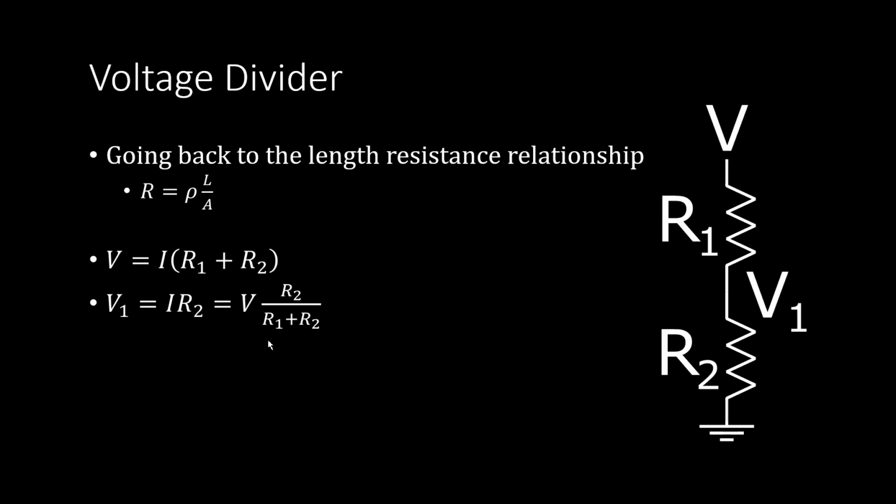And that gives us this equation here. So V1 equals V times R2 over R1 plus R2. So we can see that the voltage at point 1 is just equal to the percentage of R2 relative to the overall resistance of the circuit. So if we change that point where we cut the original resistor, we can change the voltage output.